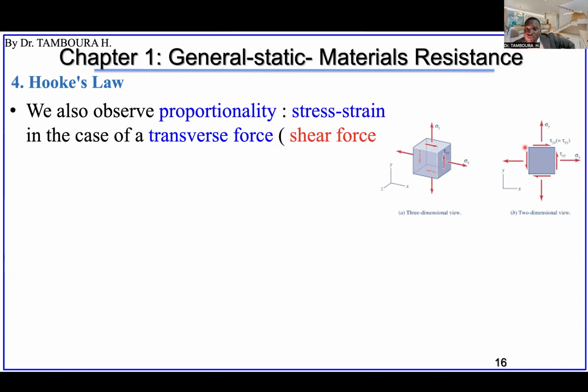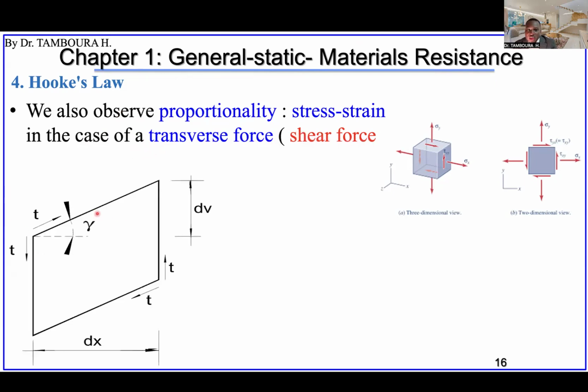So in the case of shear stress, we also observe a stress strain relationship, proportionality. In the case of transverse force, meaning shear force. Here, if you take this two-dimensional case, it's the same. See, T here. However, here is tau, here is T. Just a notation problem.